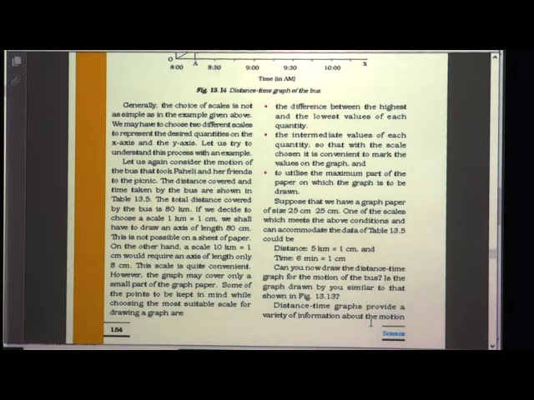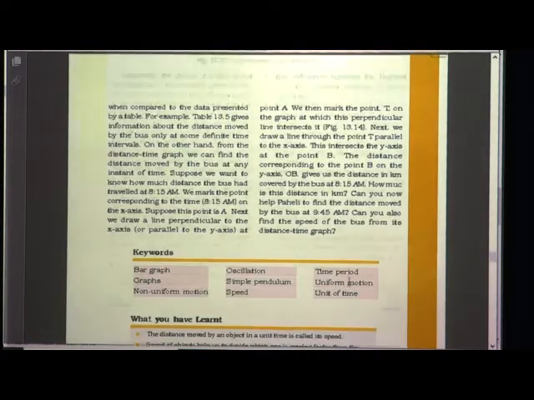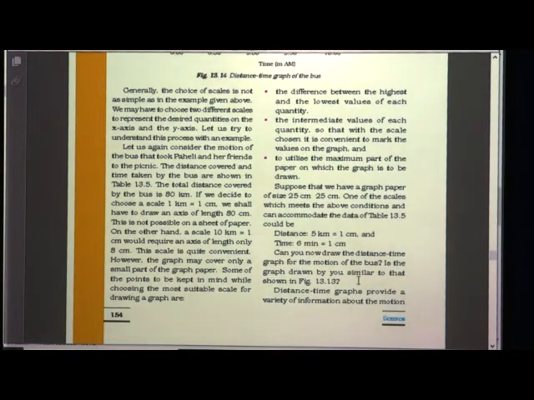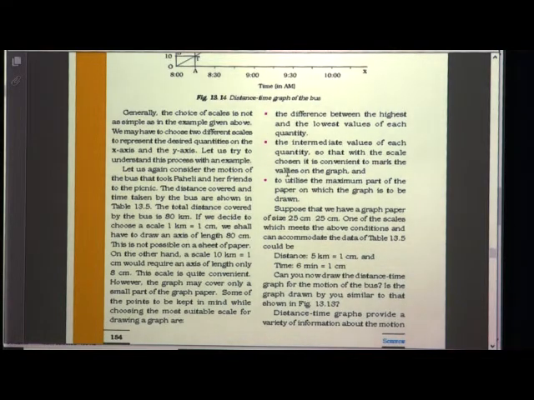Distance time graphs provide a variety of information about the motion. Okay. Now, we should think about this, that is only given here. If you take this scale, distance 5 kilometer for 1 centimeter and time 6 minutes for 1 centimeter, you have to draw this at your home and compare whether your graph is going to cover all the points or all the values which are given as distance and time.